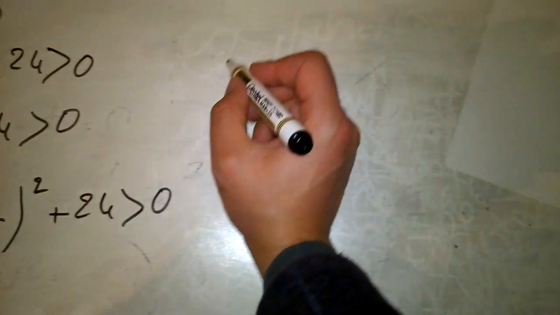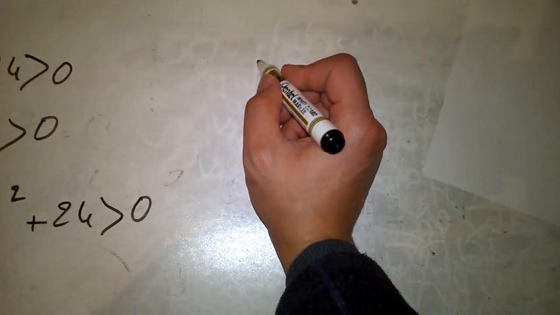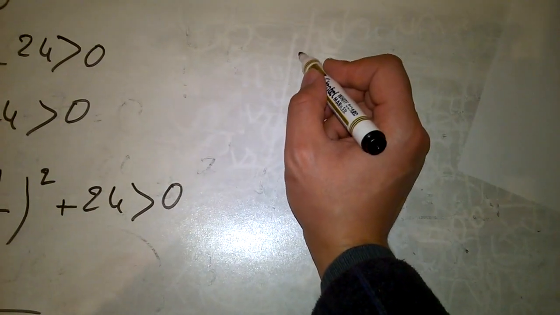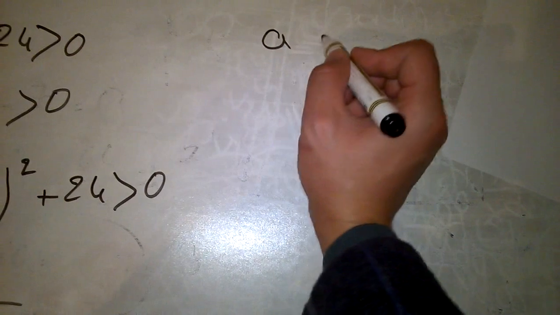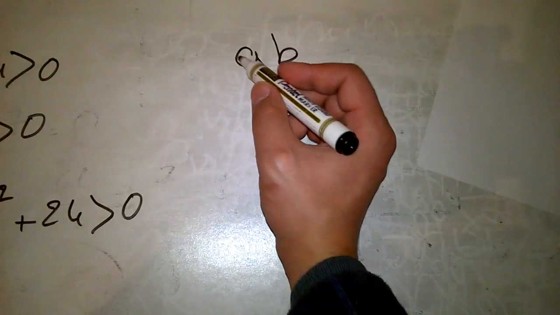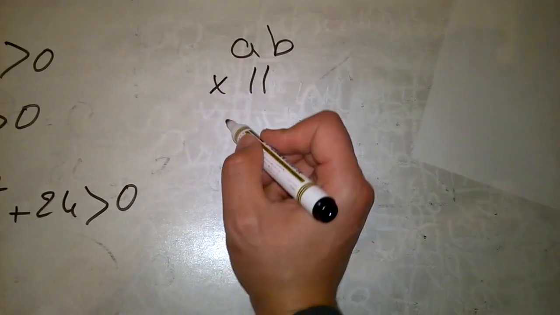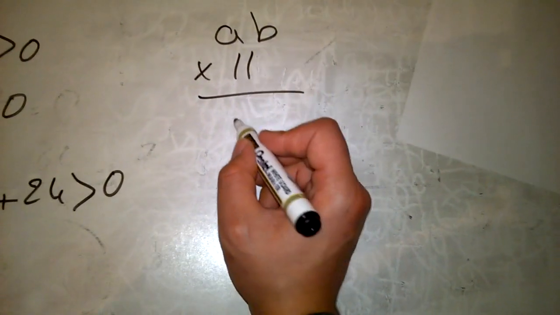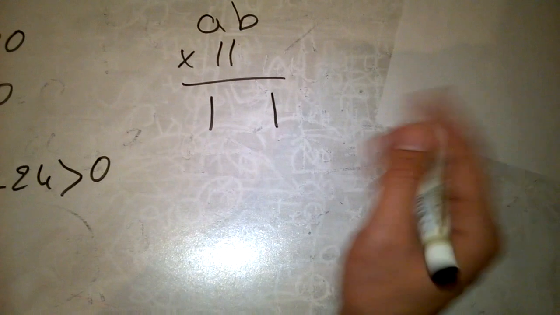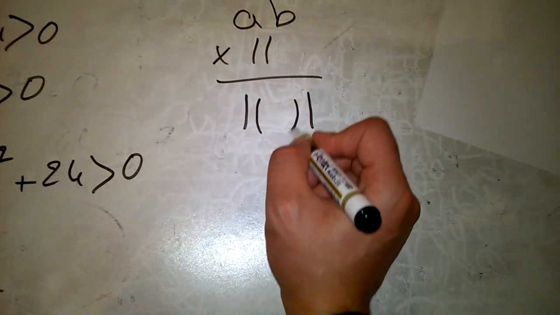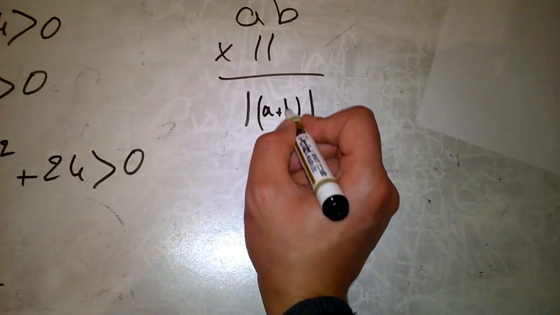I'll just say something here on the side, yeah. To multiply anything by 11, let's say a two-digit number, like a, b. If you multiply it by 11, the result you'll get is a on this side and b on this side, and in the middle you get one number which is a plus b.